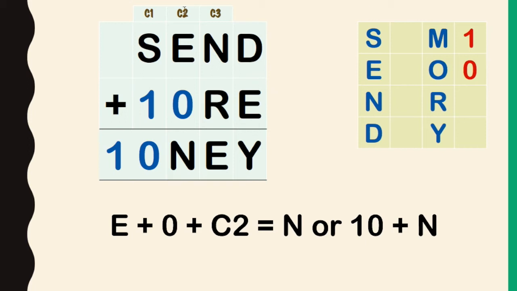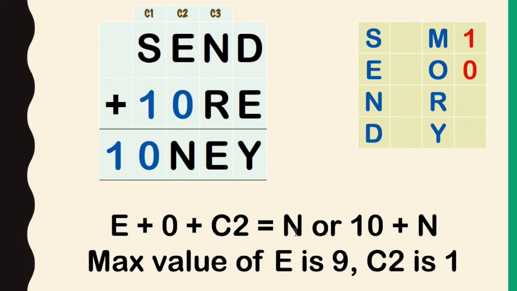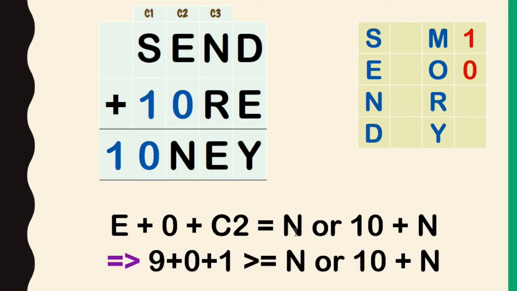If we look at this here, we get E plus 0 plus C2 is equal to N or 10 plus N. The maximum value of E is 9 and C2 is 1, we know that. Now if we put those values in, we get 9 plus 0 plus 1 is equal to N or 10 plus N, whether the carry is there or not.